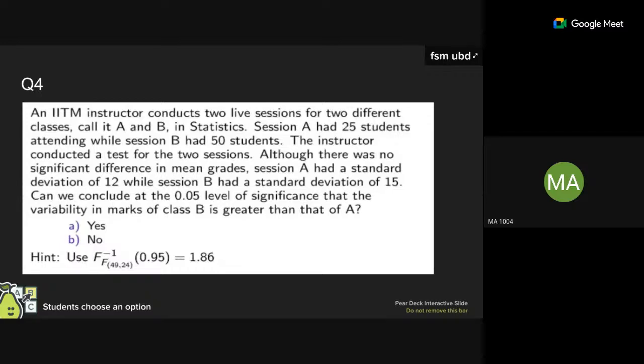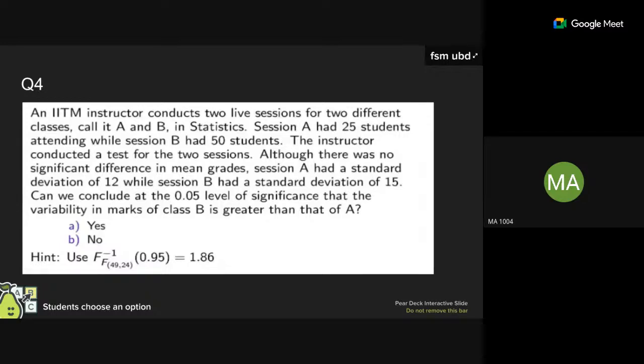The instructor conducted a test for the 2 sessions, although there was no significant difference in mean grades. Session A had a standard deviation of 12, while session B had 15. So we have given you the sample standard deviations, 12 and 15. Can we conclude at the 0.05 level of significance that the variability in marks of class B is greater than that of A? So you have to say yes or no.